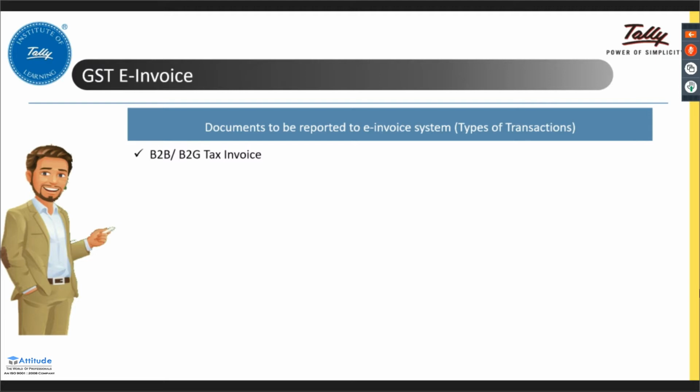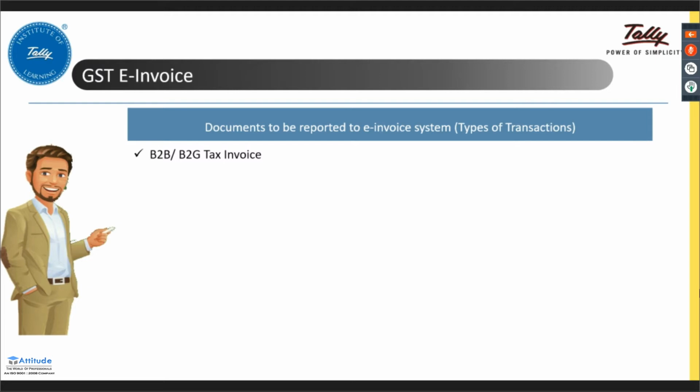Say, for example, if I am a registered dealer under the regular scheme of GST, and I am making a supply of goods to a registered dealer, then it is a B2B transaction. It's a B2B supply of goods. For such transactions, we must mandatorily issue an e-invoice.